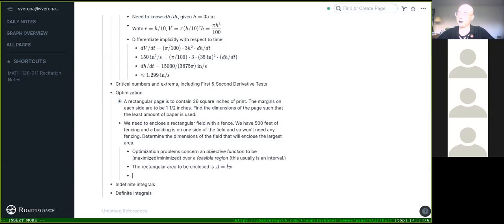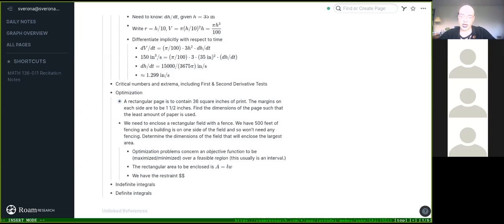So the restraint here is, the three sides of this fence cannot in totality be more than 500 feet. So if you think of how a rectangle is set up, depending on how you look at it and what side is where, then my three sides are going to be 2 widths and a length, or 2 lengths and a width.